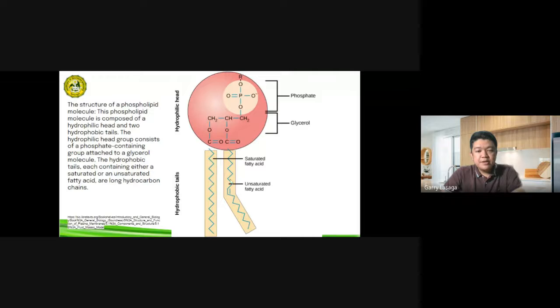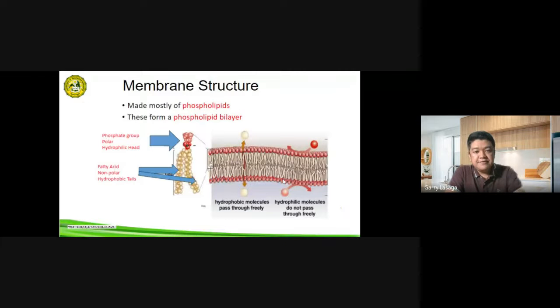In this example, there is a bending or kinking of the fatty acid molecule because of the presence of our double bond. Therefore, when the biological membrane is mainly composed of saturated fatty acid, it would be more rigid as compared to a biological membrane having more unsaturated fatty acid.